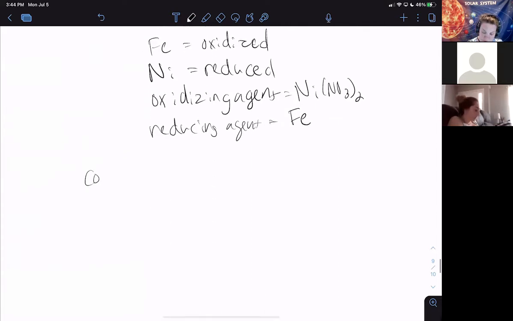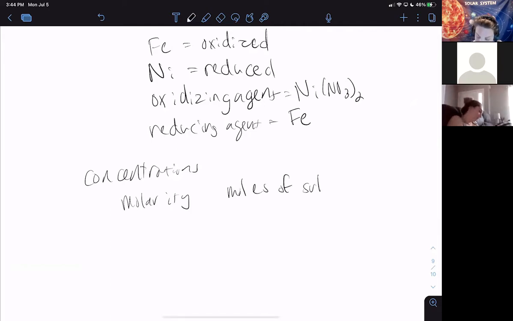For concentrations, you should be able to give a definition for molarity, right? So moles of solute divided by liters of solution, right? Where it's solute plus solvent, right?